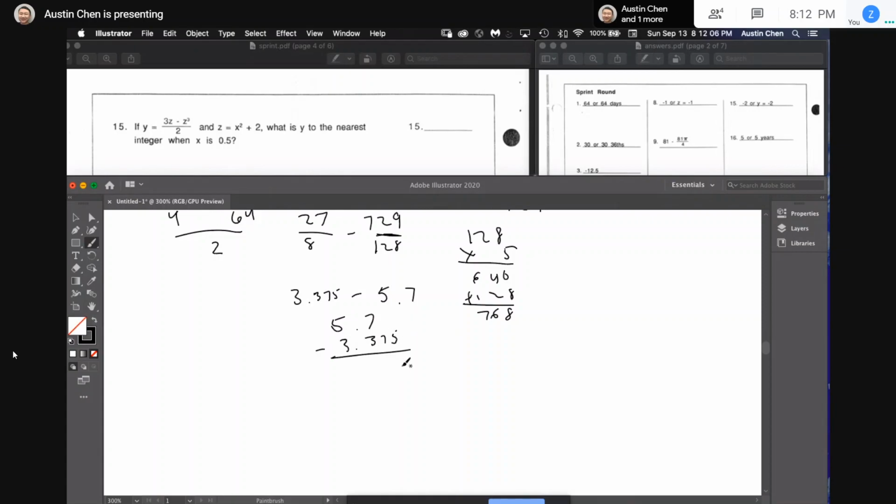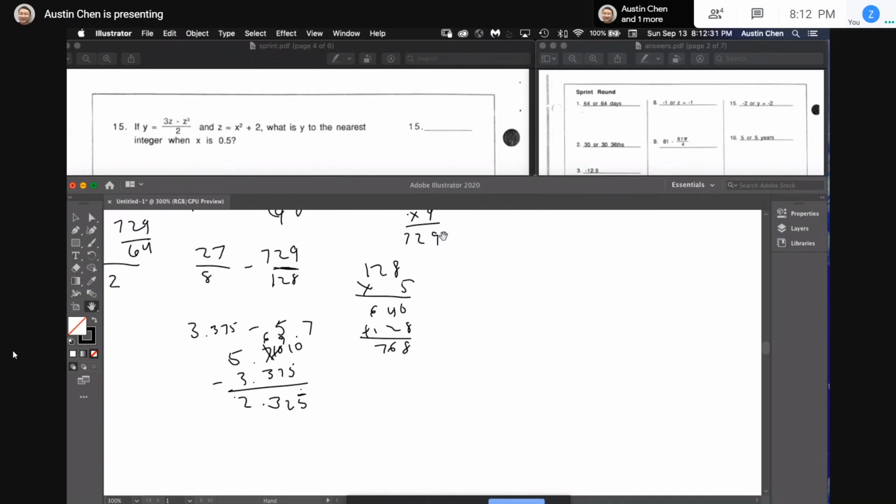Borrowing a 10 here, this is going to be 2.325, but this is actually negative because we're doing 3.375 minus 5.7. So we get y is approximately equal to negative 2.325.